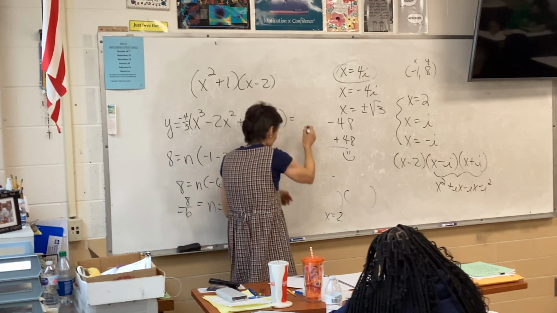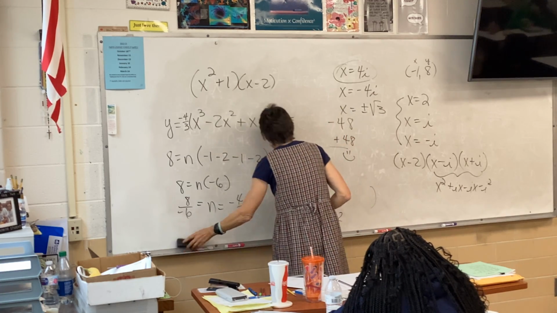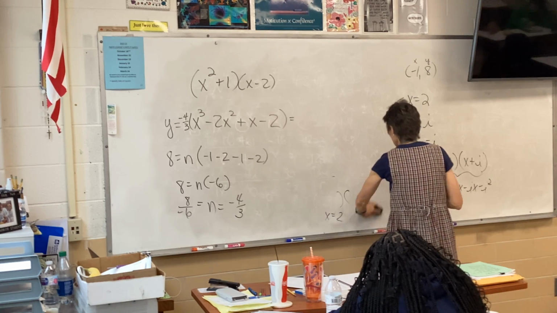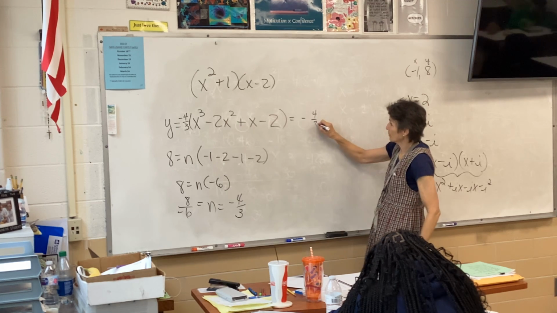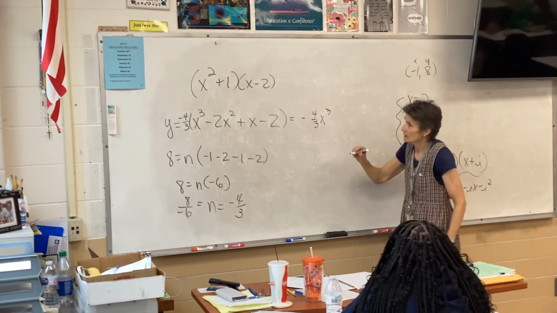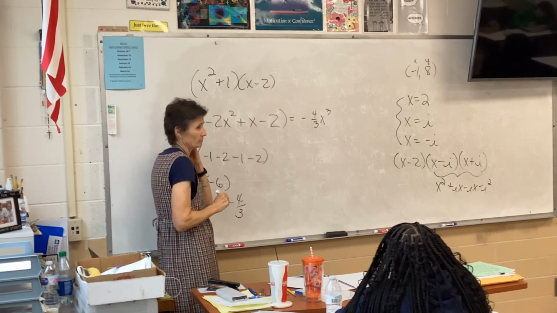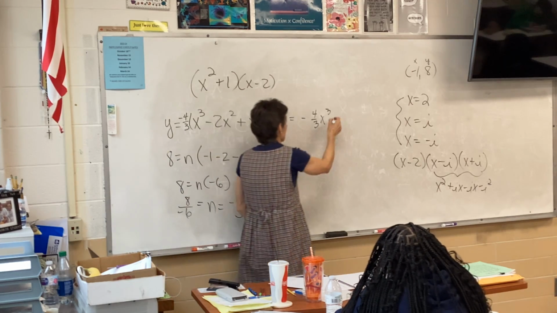So my actual final multiplied out answer, I'm just going to distribute that negative 4/3. So negative 4/3 x cubed. What is negative 4/3 times negative 2? 8/3.